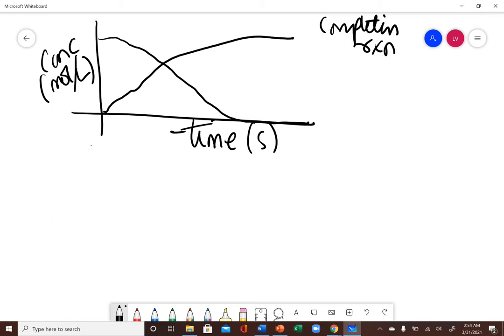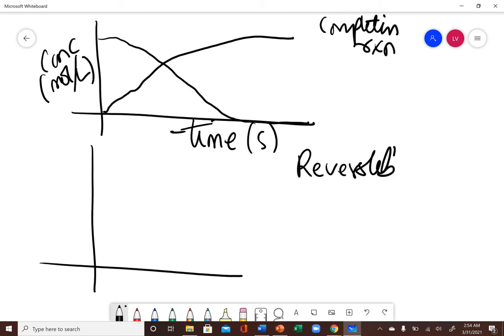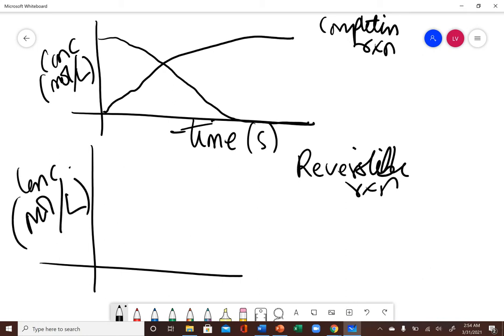If I draw the exact same graph for a reversible reaction, I'm plotting again concentration in moles per liter versus time in seconds. What happens for reversible reactions is initially the concentration of the reactants is at maximum.